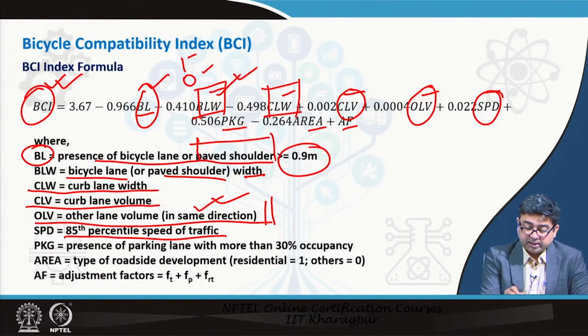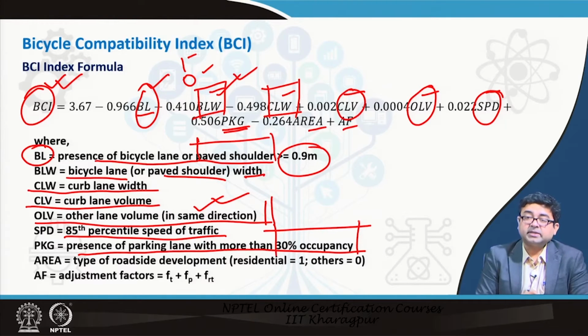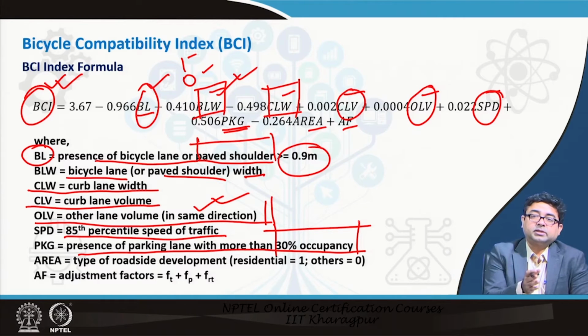The next variable is PKG, or the presence of a parking lane with more than 30% occupancy. If there is a parking lane, it is usually right next to the curb where the bicyclists usually bicycle. You will see very few bicyclists trying to bicycle in the middle of the road. They would rather bicycle on the side of the road, alongside the curb.